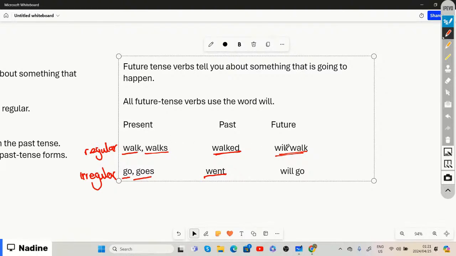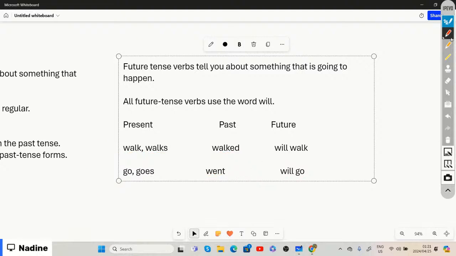And in the future, you see, will stays the same. Will go. So that is but a few examples of regular and irregular verbs in present, past, as well as future tense.